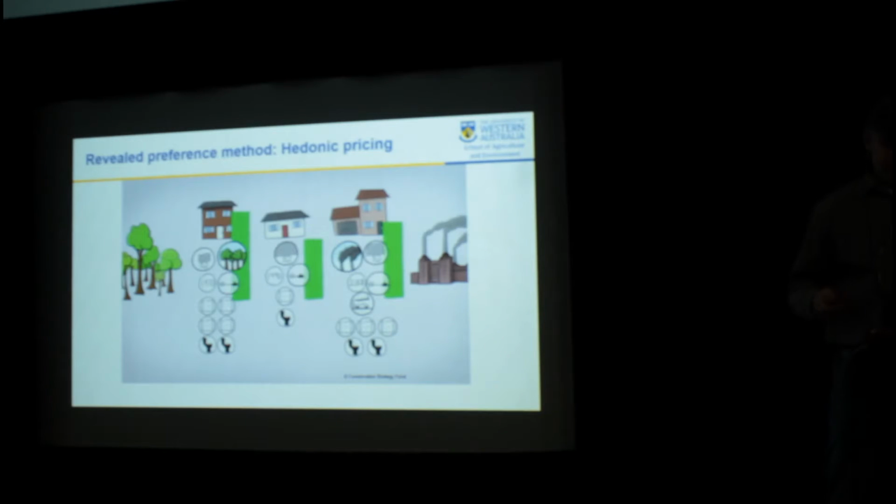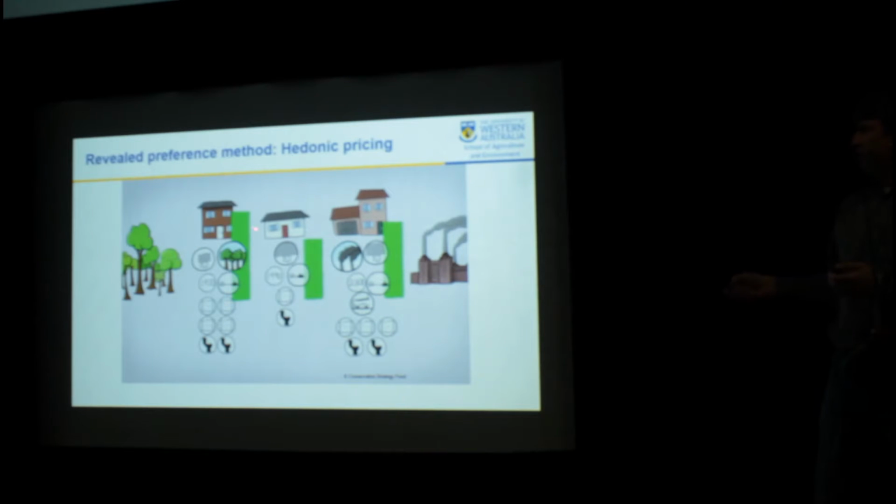And then there is the hedonic pricing method. We assume that people trade houses on the market, and that the price of a house consists of the prices of its attributes, like how many bedrooms, bathrooms, when it was built, the area of the lot, and some amenities like whether it's close to a park, how far, or whether there is some industry next to it.